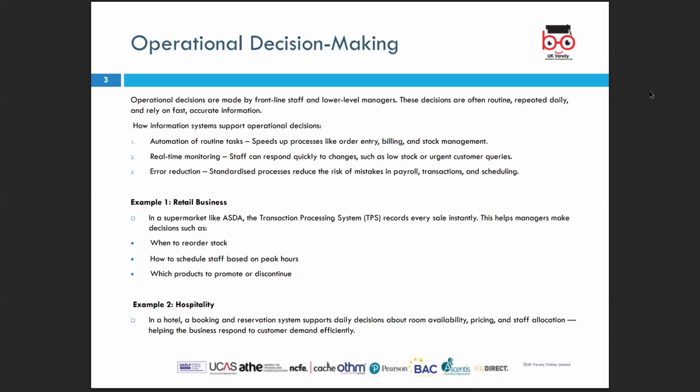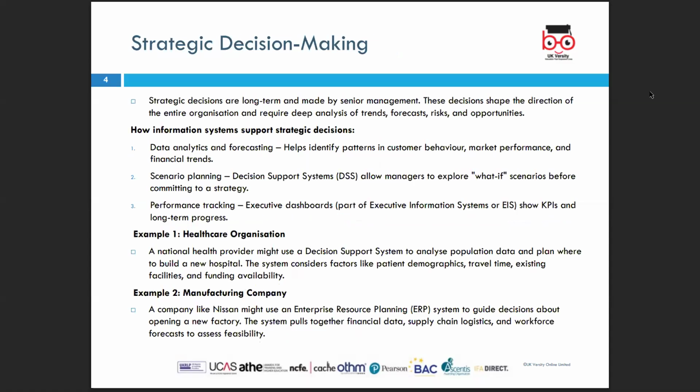In the hospitality environment, we can now see that in a hotel, booking and reservation systems can support daily decisions about room availability, pricing, and staff allocation, which is now going to help the business to respond to customer demand efficiently.